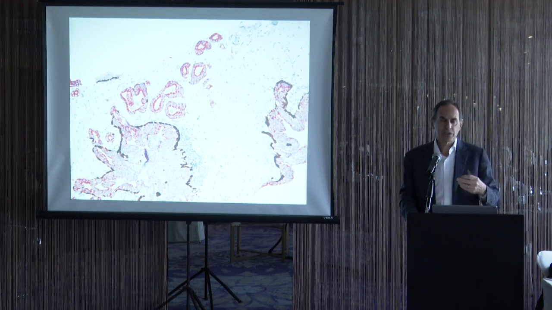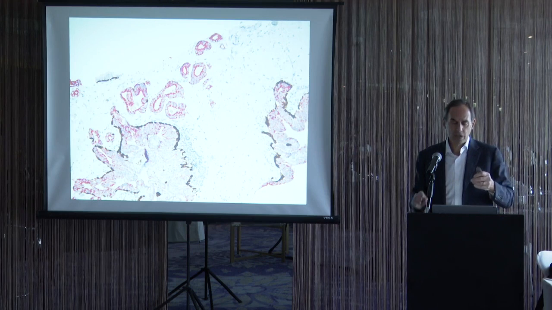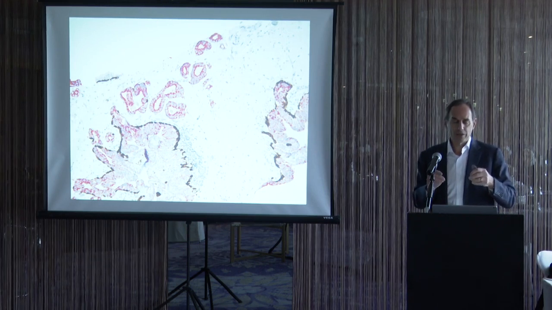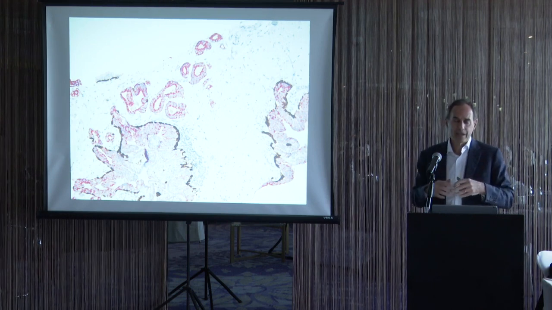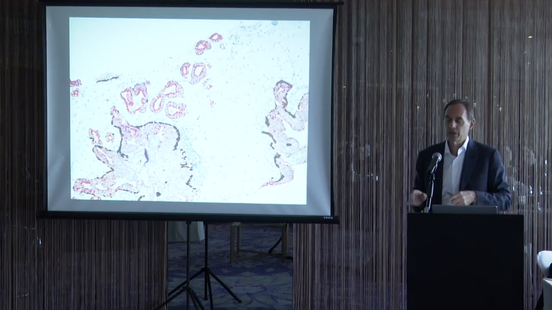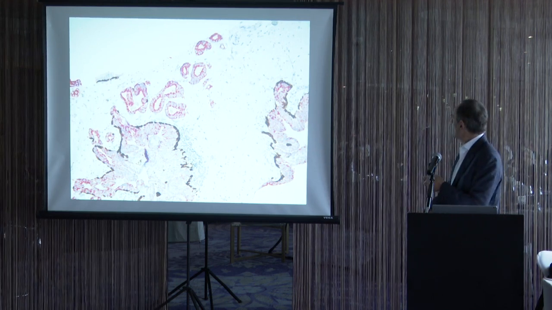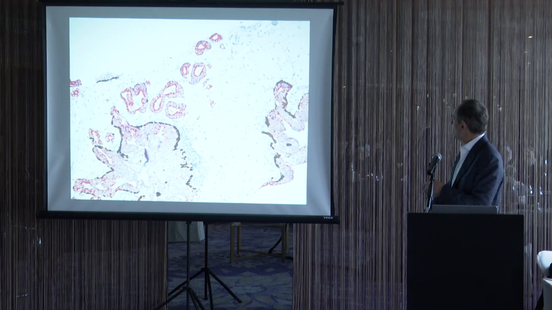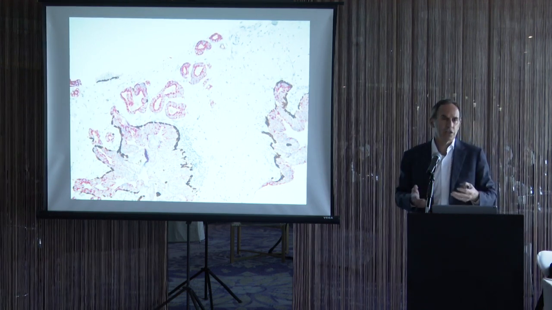What you have to ask yourself is, are there enough small glands that have no basal cells, and are those small glands far enough away from the PIN that this cannot be explained as a tangential section off a PIN, but in fact has to be prostate cancer? When I look at this slide, I would say we have too many small glands, and they are too far away from the PIN. I'm comfortable this is a small focus of cancer adjacent to PIN.